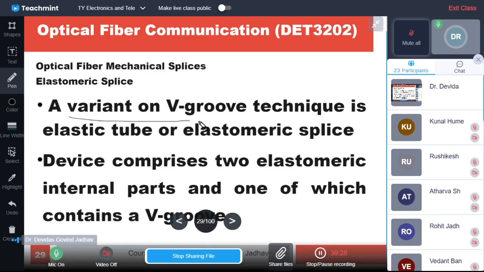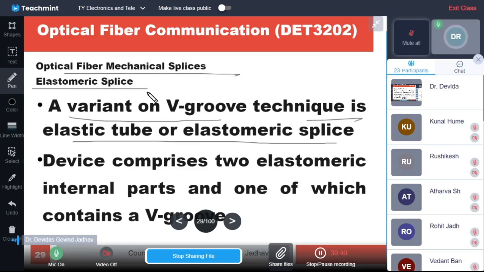A variant on the V groove technique is the elastic tube or elastomeric splice. Under the mechanical splices there is the elastomeric splice. It is a variant of V groove.